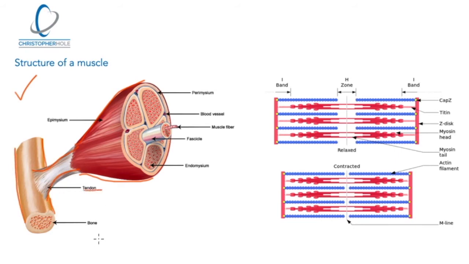So we've got the tendon there joining the muscle to the bone. When the muscle contracts, this tendon holds the muscle to the bone and then allows movement to take place at the joint. As you'll find out, there is another form of muscle attachment, but we'll talk about that later on. But for now, muscle is joined to bone via a tendon.